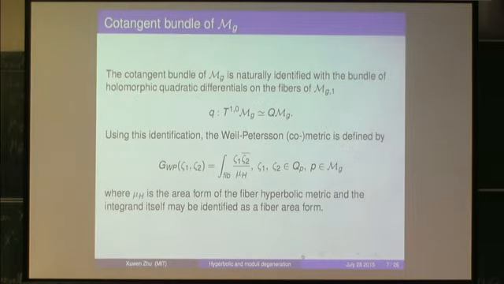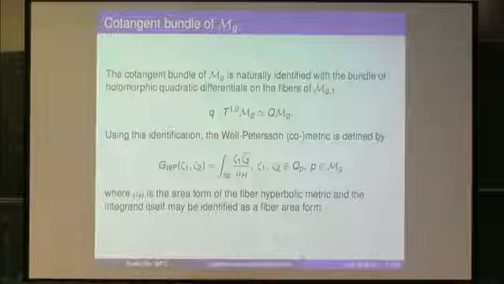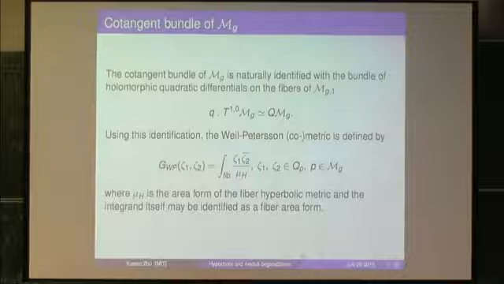All right. Now, after introducing the divisor, we want to talk about the Weil-Petersson metric. So the cotangent bundle of the moduli space is naturally identified with the holomorphic quadratic differentials on the fiber of M_{g,1}, which I'm going to talk more about later.